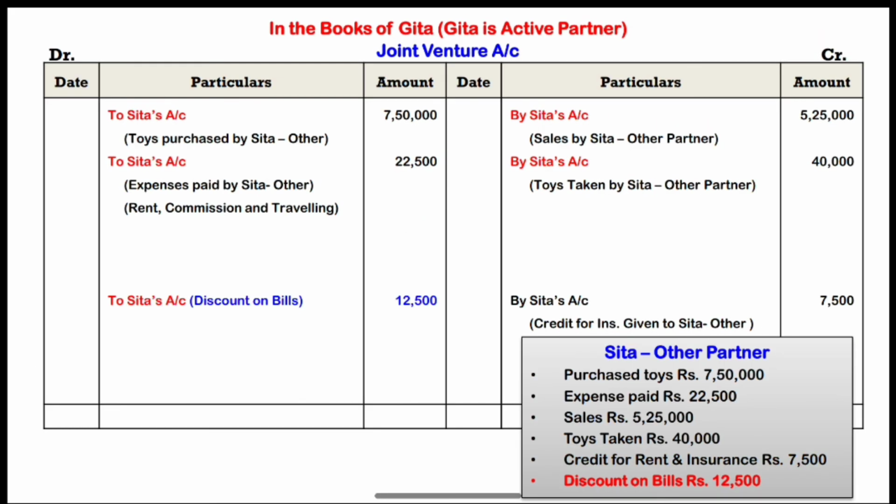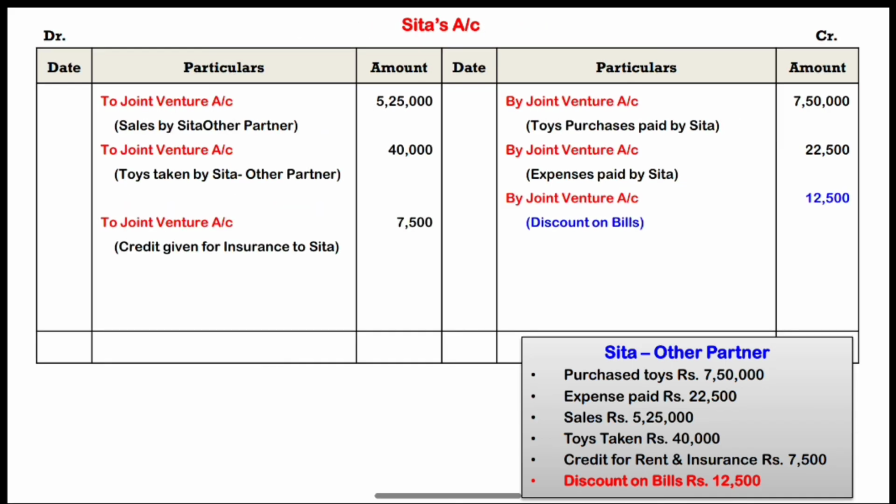Discount on bills is an expense for joint venture, so to Sita's account discount on bills 12,500. Second effect, in Sita's account credit side, by joint venture account 12,500 discount on bills. So these are the two effects of all the transactions of Sita.